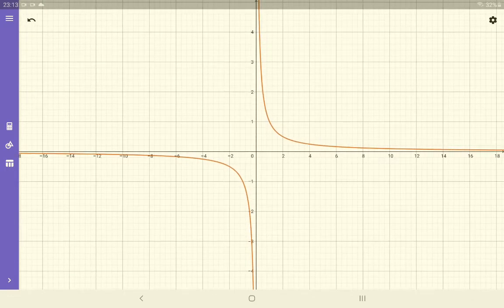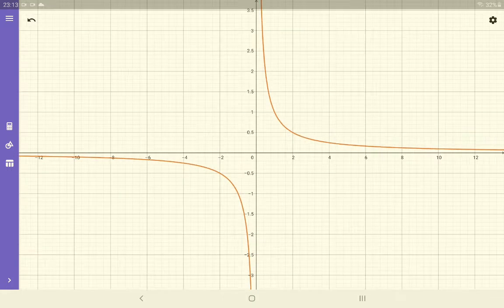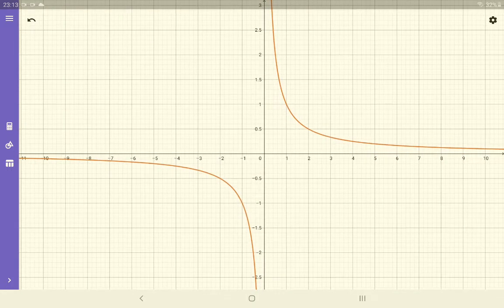It is away from the origin. Okay, because if I take the denominator as 0, then 1 over 0 is not defined.